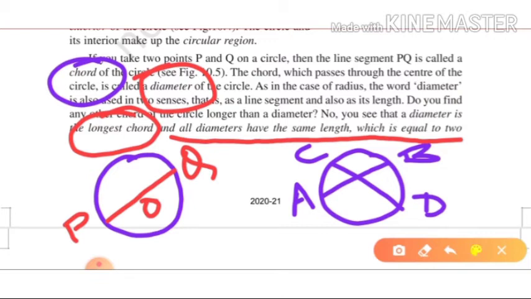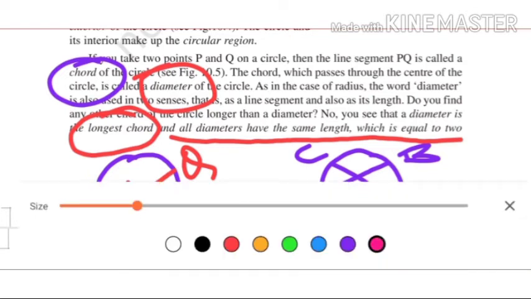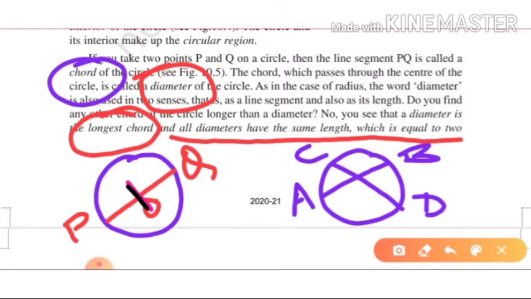Now if you divide this PQ here, then you have two equal parts, PO and OQ.